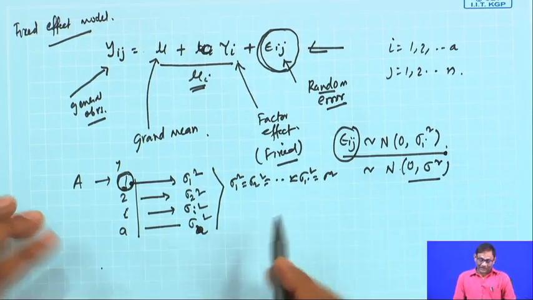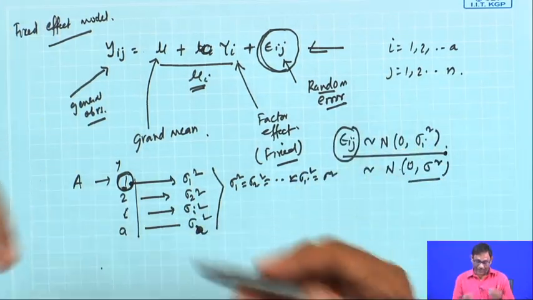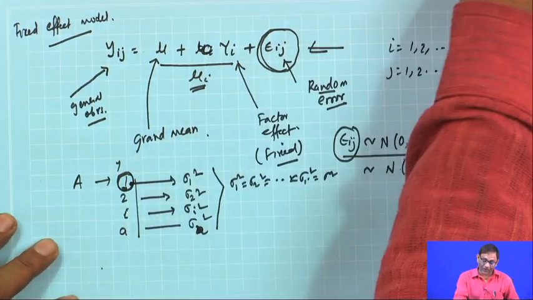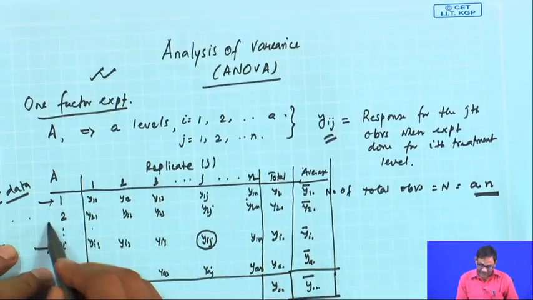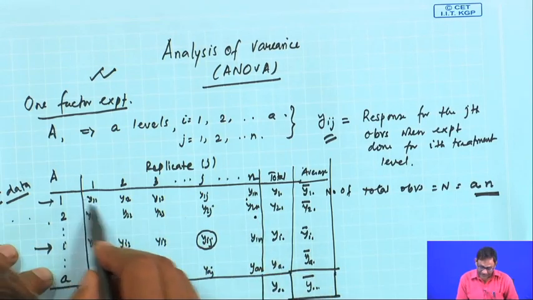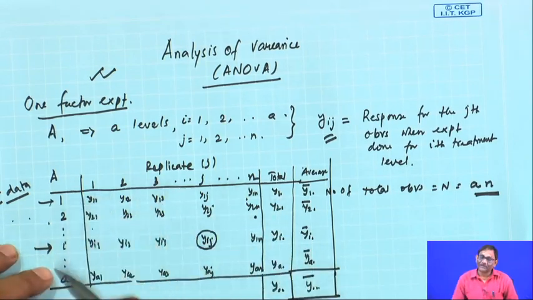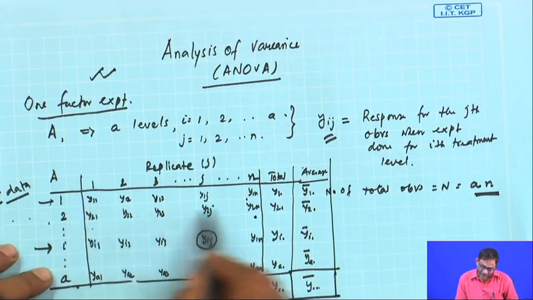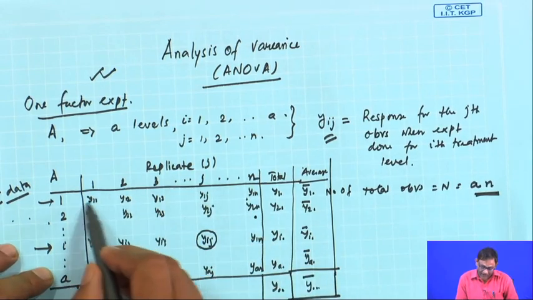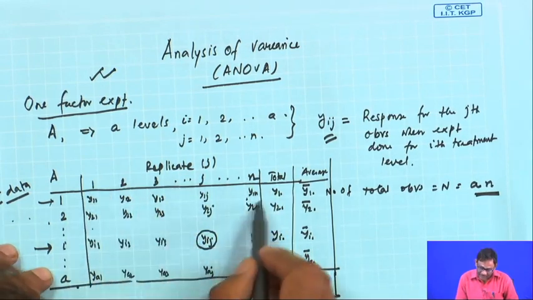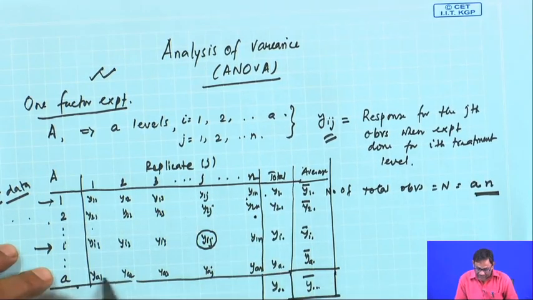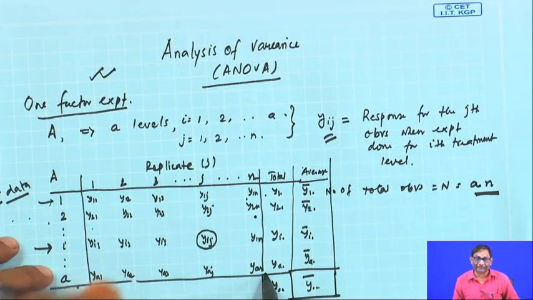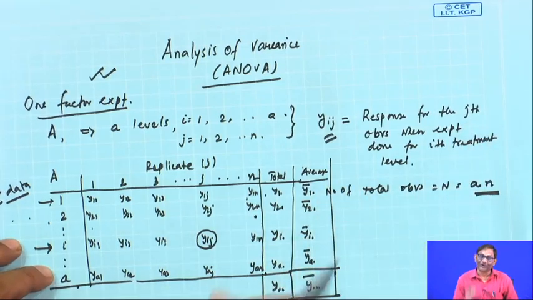That means the response values y across different levels, level 1 with n observations, level 2 with another n observations, if you have a substantially large amount of experimental data, you will find that the variability across these values will remain the same or similar, almost equal.